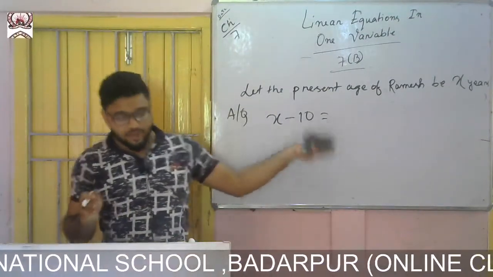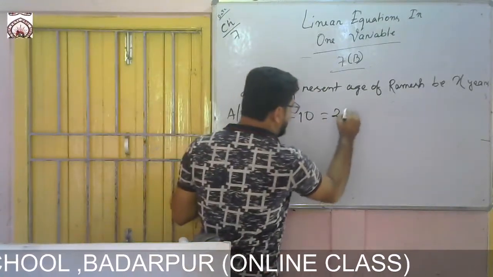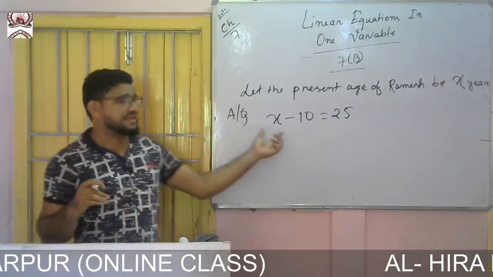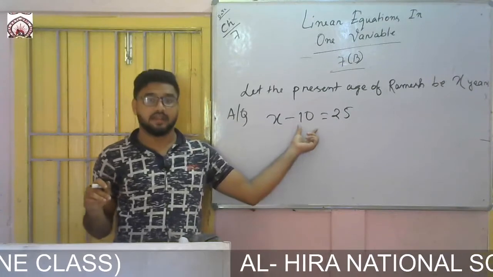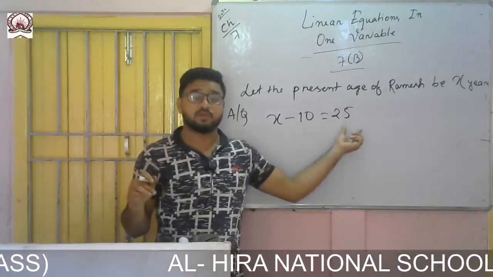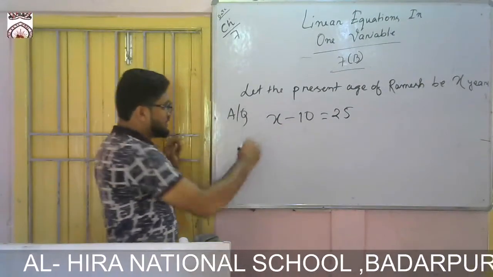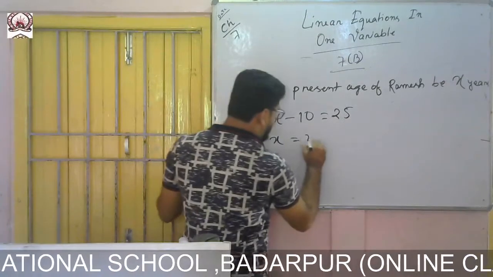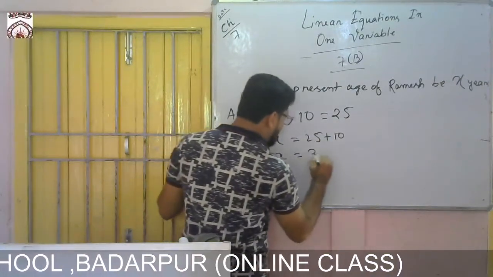Because his age was 25 years before 10 years. From this I can find x. So x equals 25 plus 10. X equals 35.